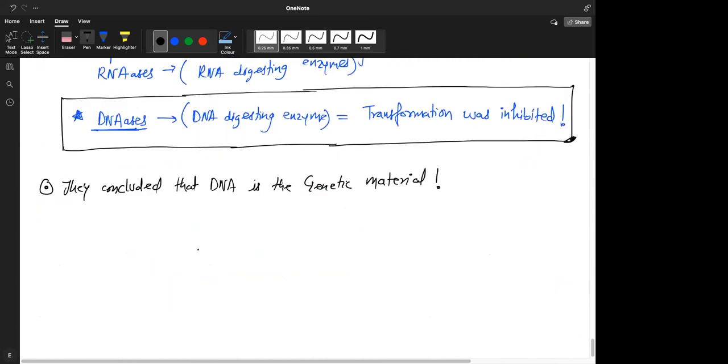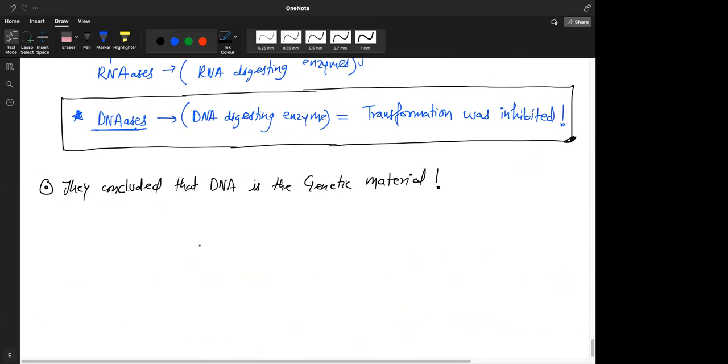This is more than enough proof to say that DNA was the genetic material. Yes, because the way we study it is very clear. They said that when they injected DNA, transformation happened. But how can you be sure that DNA did not have any contamination of a protein in it when they were injecting it?